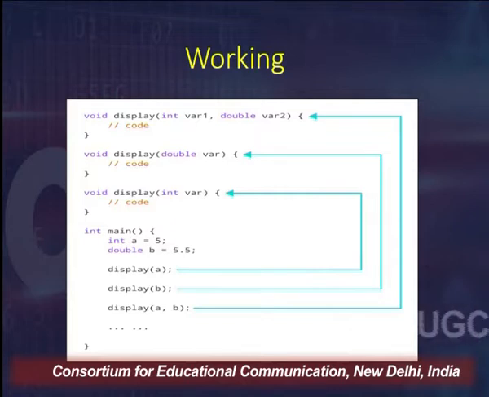Return type alone cannot differentiate between overloaded functions, so if only the return type is different, you cannot say the functions are overloaded. Similarly, if I call display a comma b, then that kind of match is looked for.